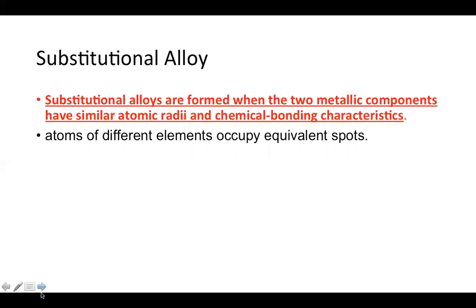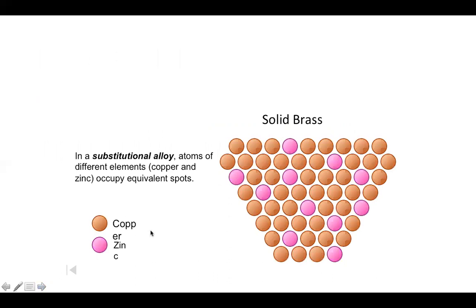An example of a substitutional alloy, which I mentioned a few minutes ago, is brass. If we're looking at brass, its primary or host metal is copper, so the copper atoms are represented with the brown circles here. As you can see, zinc is really similar in size to copper, and if you look at their placement on the periodic table, you'll see that they're in the same period right next to one another, so we can assume that they're about the same size.